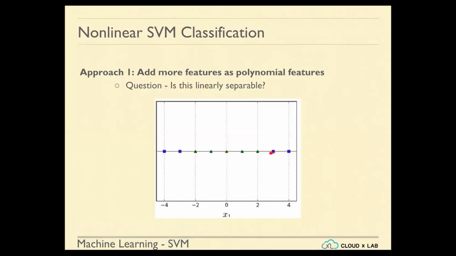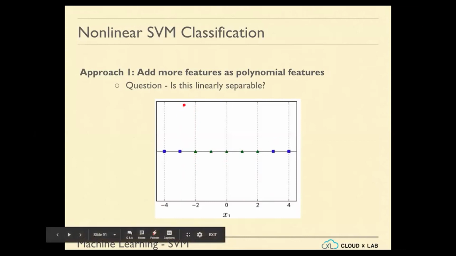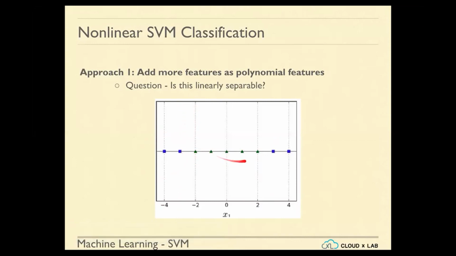If none of these two extra data points were there, we could simply classify it using a straight line. Or if this side of the data wasn't there, we could have classified it using a straight line. But now the problem is that this data cannot be separated by a straight line. Can we separate it using a straight line?